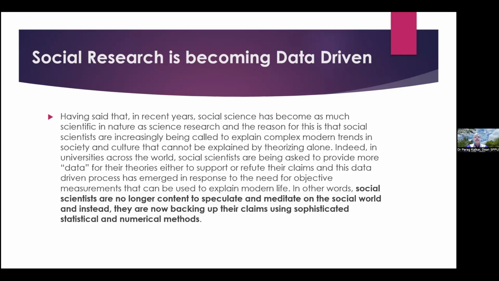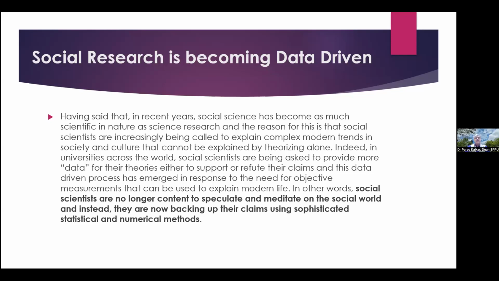Social scientists are increasingly being called to explain the complex modern trends in society and culture that cannot be explained by theorizing alone. Indeed, in universities across the world, social scientists are being asked to provide more data for their theories, either to support or to refute their claims. This data-driven process emerged in response to the need for objective measurements that can be used to explain modern life.